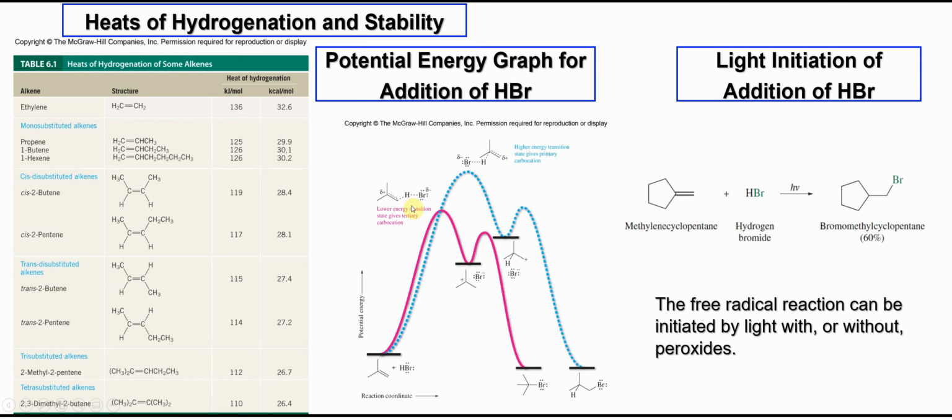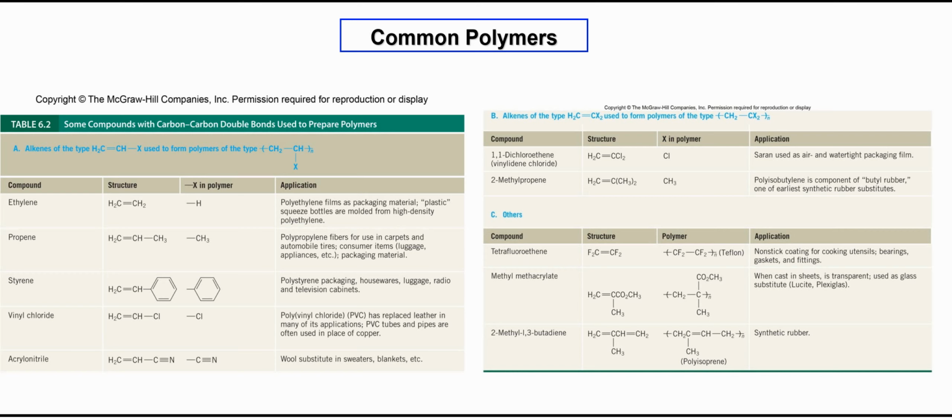In this case, what are the different steps? What's the energy change? If you have hydrogen halide addition using light, it goes through radical formation. What's going to happen? One, you form a Markovnikov product. Another, you form an anti-Markovnikov product. I just want you to differentiate these two types.